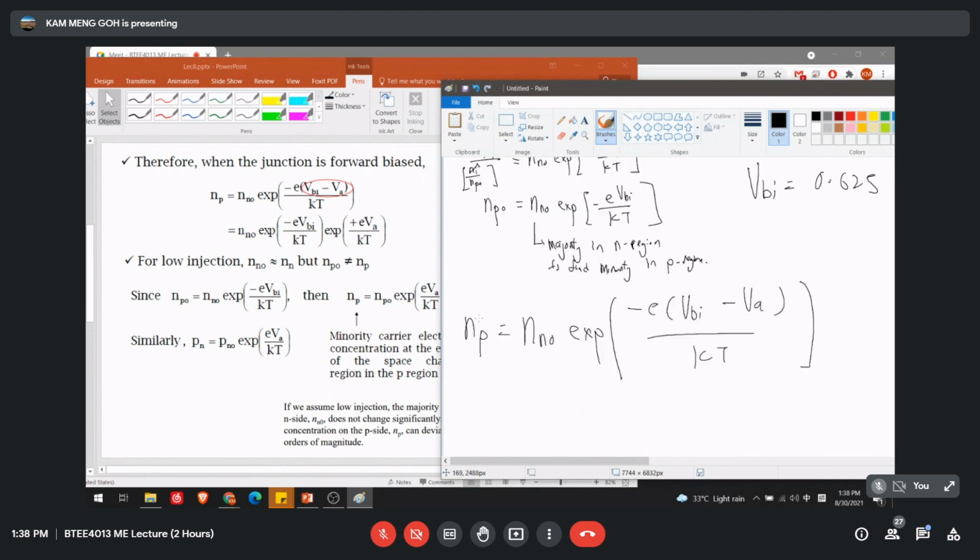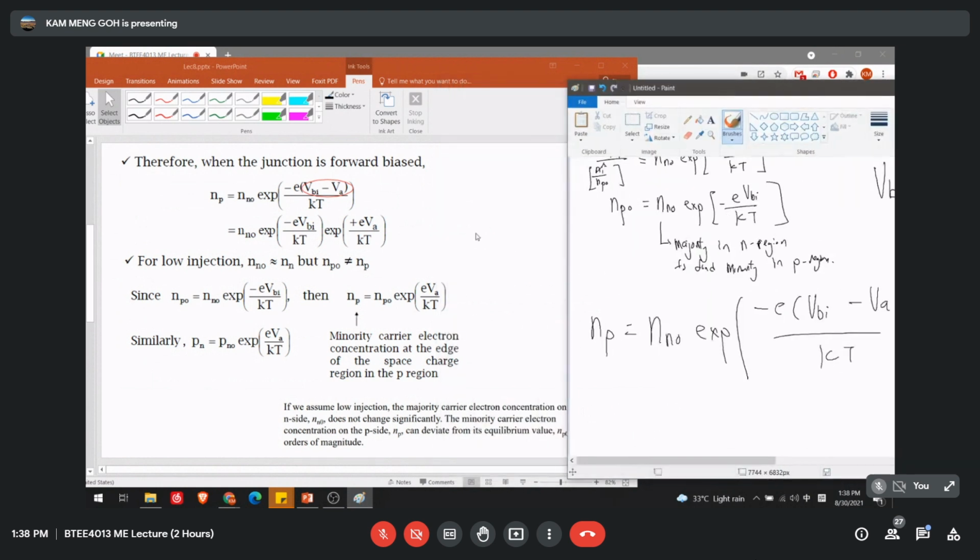In this case, this NP actually is the NP in the negative SP. Just to make it simple, that's why I write it simply. Originally, just now we denoted this one as a total, but in this case, NP is actually equal to the NP at the negative SP there.